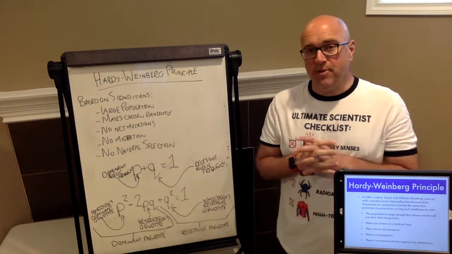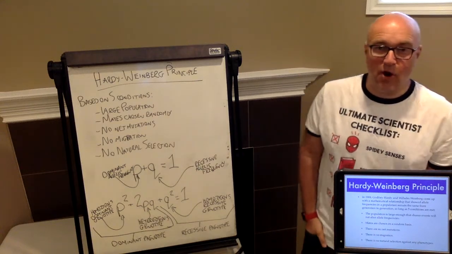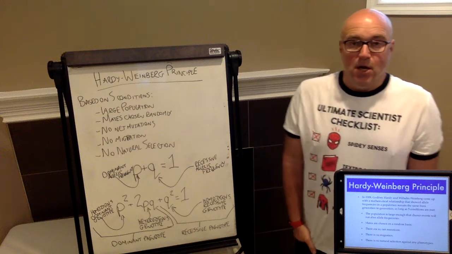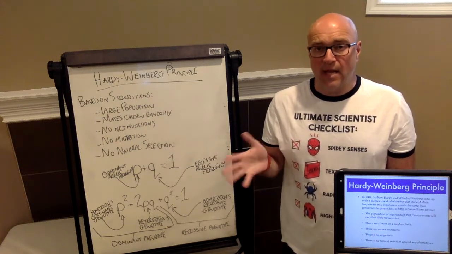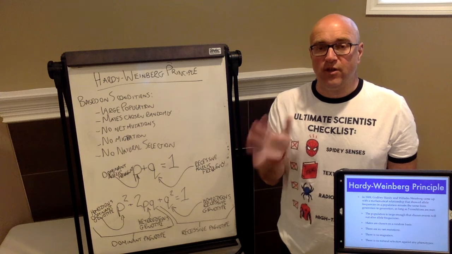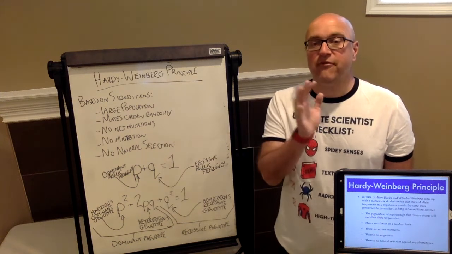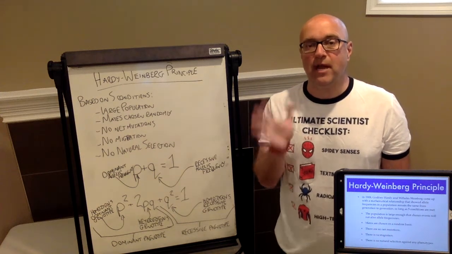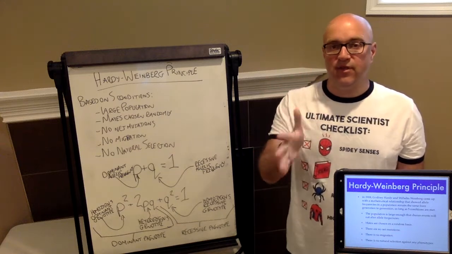Now, this all plays together when you're dealing with the Hardy-Weinberg principle, which states that the allelic frequencies of a population will remain constant if five things are happening.